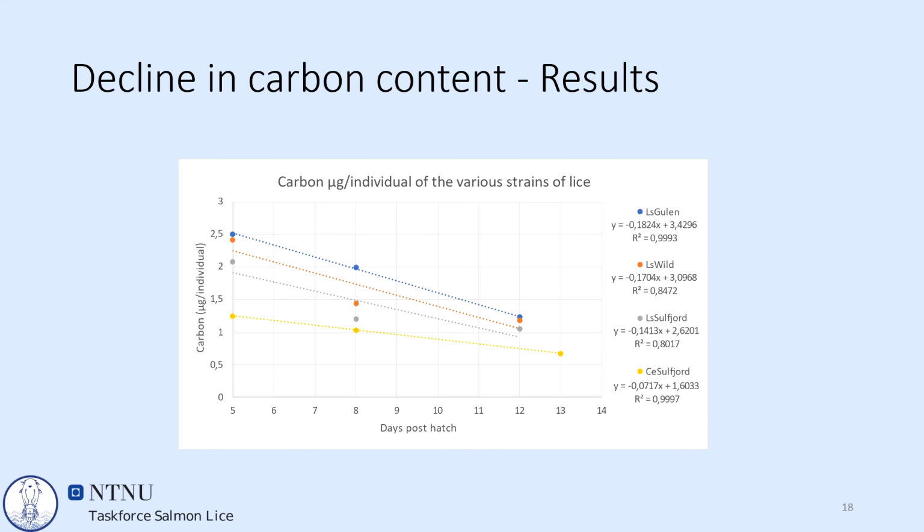But you see that the Caligus elongatus has a lower starting concentration and a lower decline rate than the Lepeophtheirus salmonis. It has a starting concentration of approximately 1.3 micrograms per individual and a decline rate of 0.07 micrograms per individual per day.